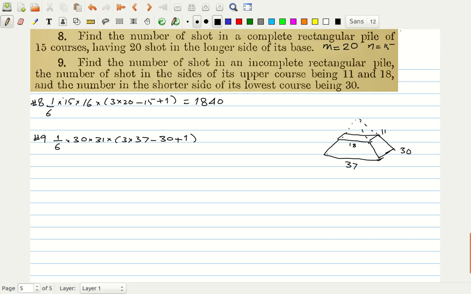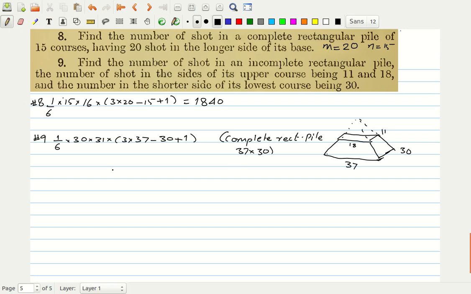Okay, now consider what happens if we consider a layer just above it, right? In that it will have 10 balls on the shorter side. So this was a complete rectangular pile of 37 by 30 balls.